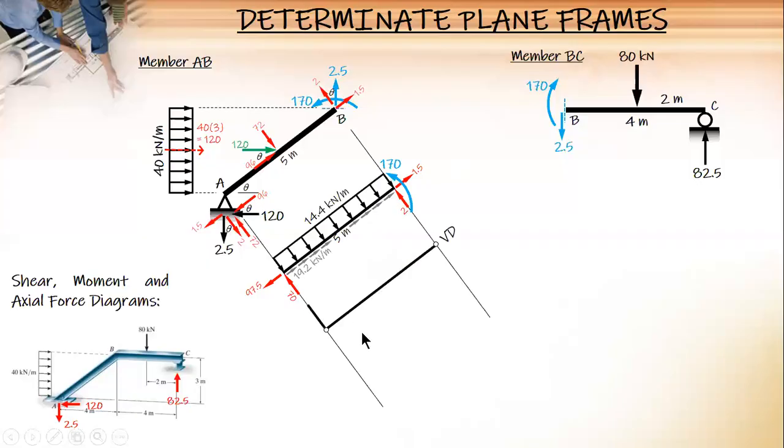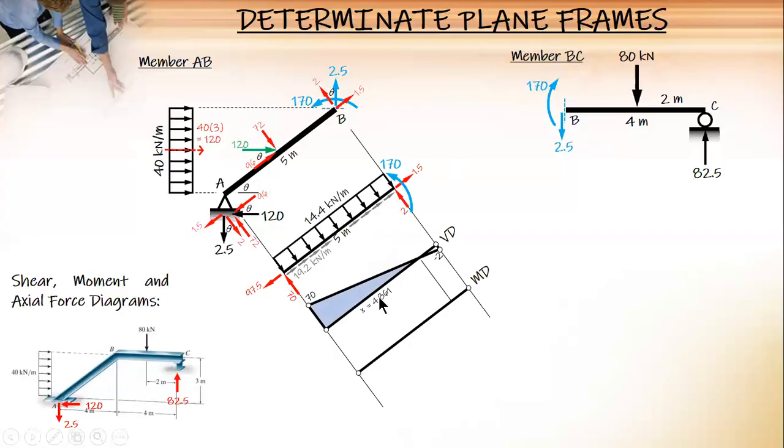So 70; 14.4 times 5 is 72, so negative 2 here. And then solve for x: 70 divided by 14.4, you have 4.861.